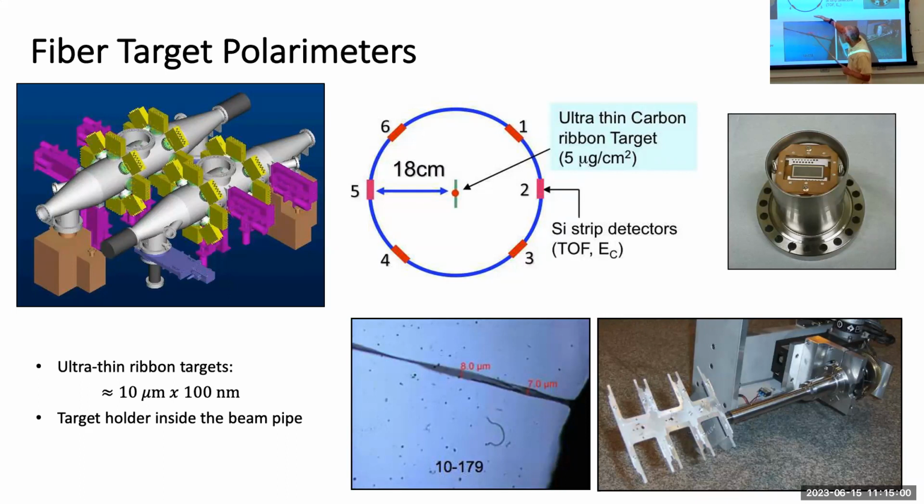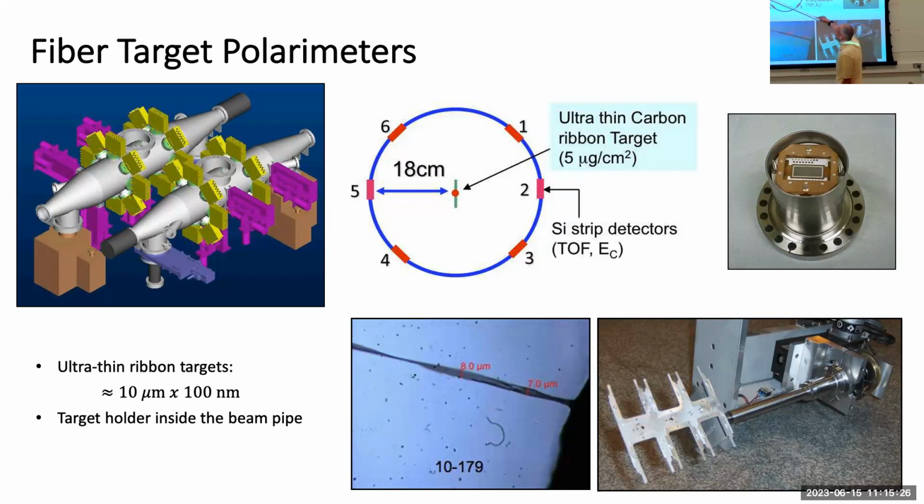So this would not be a good measurement. If you hit the target this way and the recoil goes out in this direction, it would come out pretty quickly and your measurement would be much better. Unfortunately, you don't really know where you sit with the beam on the location of this target. So you really have to make a measurement and then see what you get out of this.